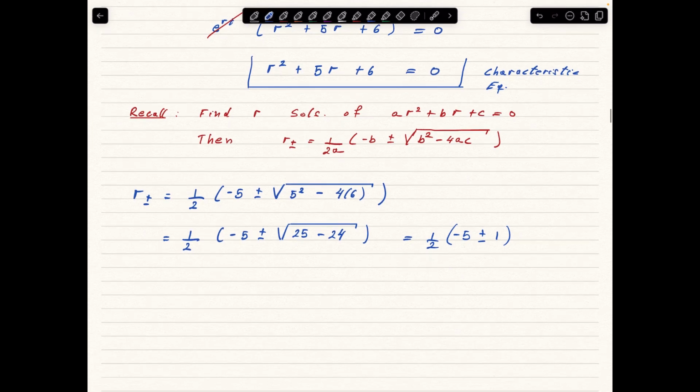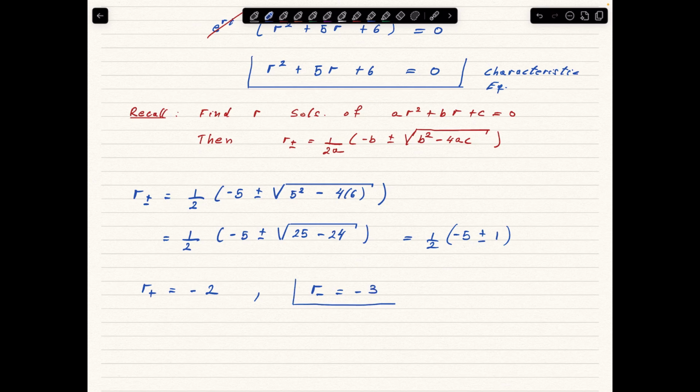So we get two solutions. The solution r plus is going to be, when we have the plus here, negative 4 divided by 2, so it's going to be negative 2. And then we have the solution r minus, which is when we subtract, so it's negative 6 divided by 2, which is negative 3.